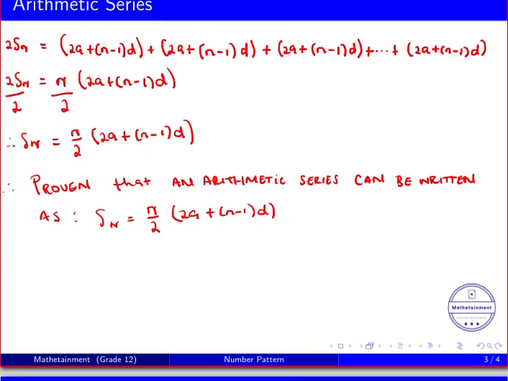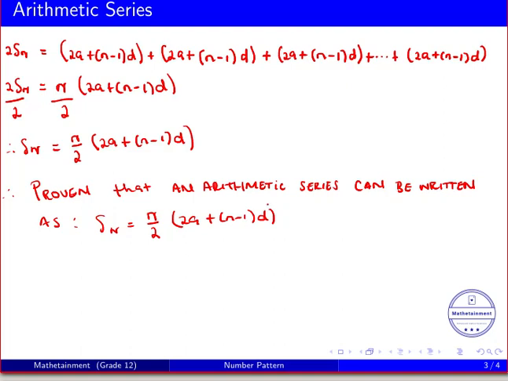In addition, we are done with what was required for us to prove. But you can also write this as Sn is equal to n over 2 times (a plus l), where l is the last term, which is a plus (n minus 1) times d.